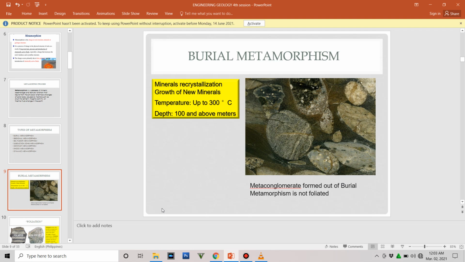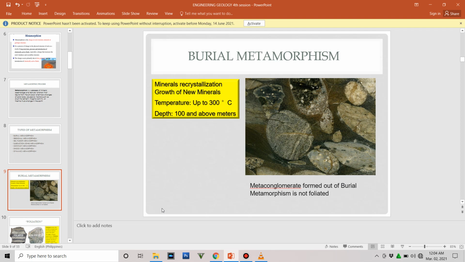metaconglomerate. So the metaconglomerate is formed because of burial metamorphism. If we look at it, the metaconglomerate is a cemented series of pebbles formed out of burial metamorphism. The sediments of larger, rounded materials are compacted. So it looks like cemented pebbles, and that is a metaconglomerate.